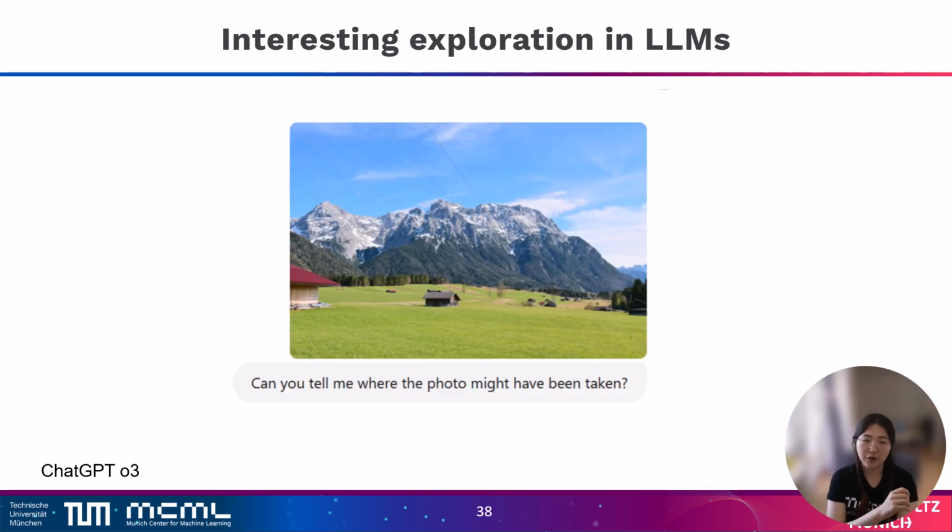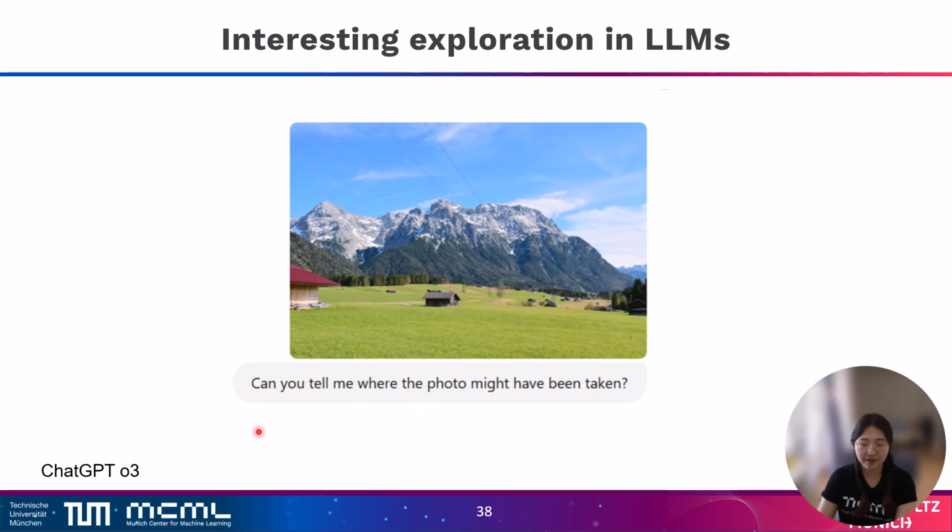Because o3 was just released several weeks ago, I also want to try some difficult tasks with o3. o3 is also a reasoning model. What I do here is provide an image I took during the Easter holiday. It's a photo without any clues, no text on the image.